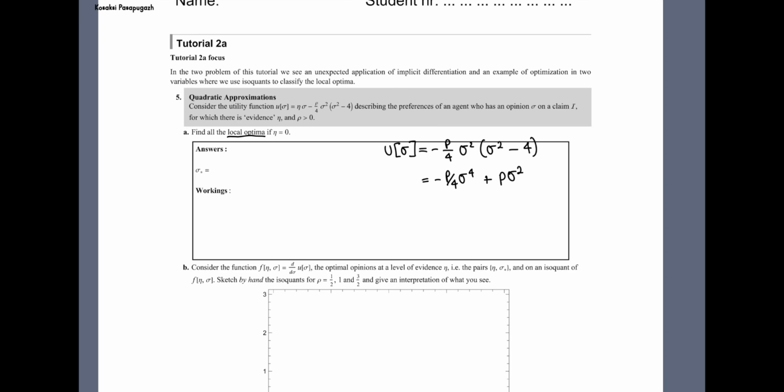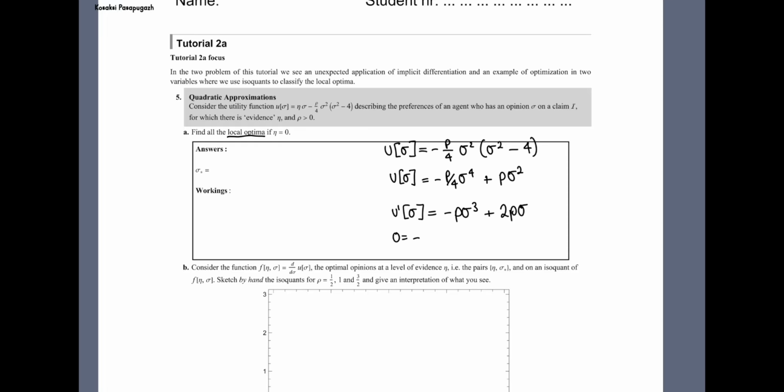As we're trying to find a local optimum, I'm going to differentiate my utility function with respect to sigma. So we get minus rho sigma cubed plus 2 rho sigma, and I shall equate this to 0.